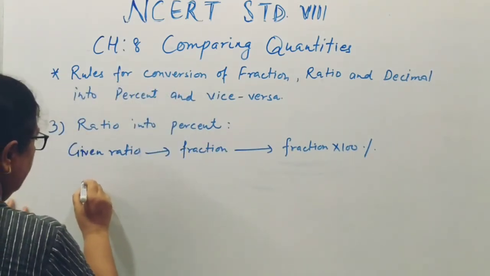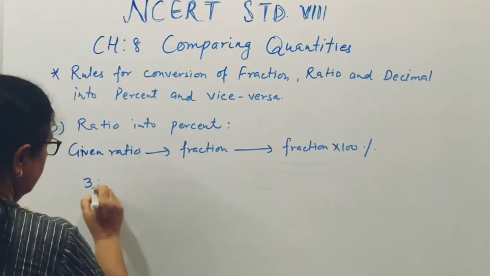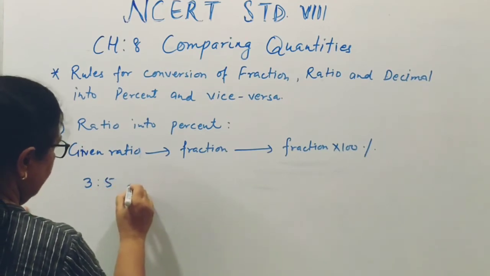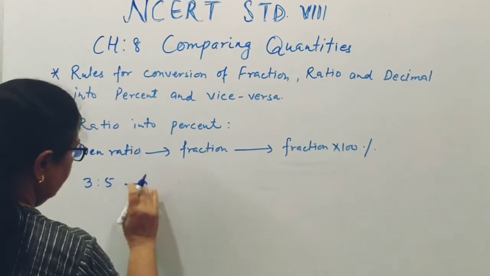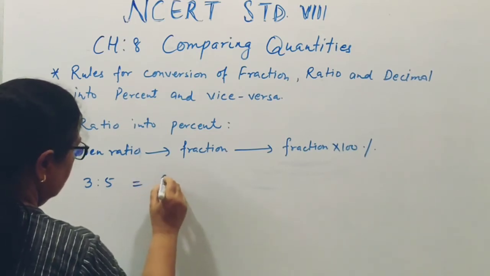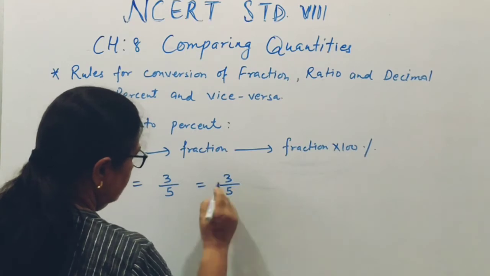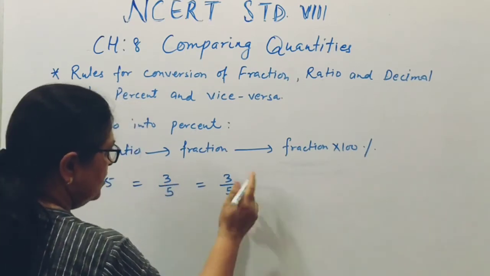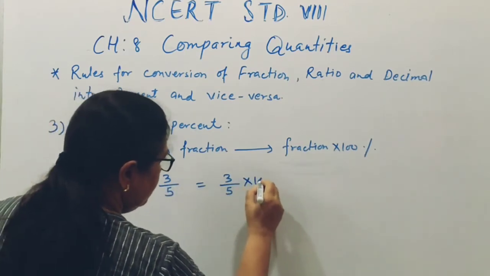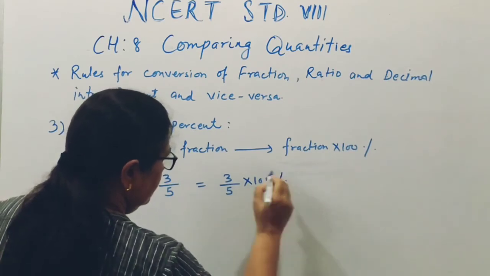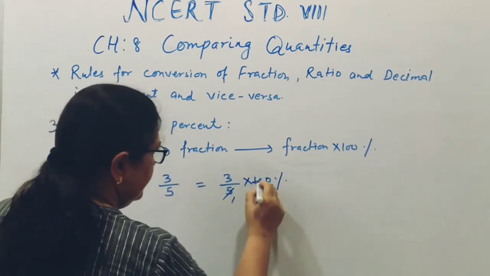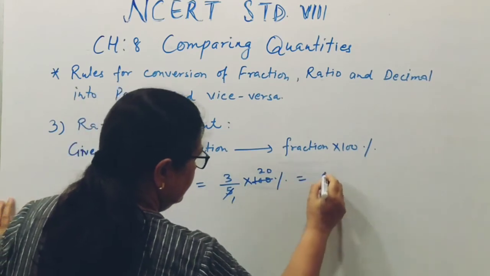For example, we have the ratio 3:5. First we will convert it into fractional form, then it will be 3 upon 5, then into percentage, 3 upon 5 into 100%. So after cancellation we get 60%.